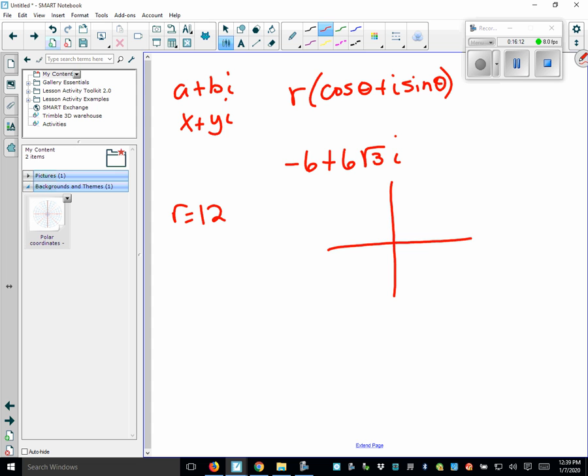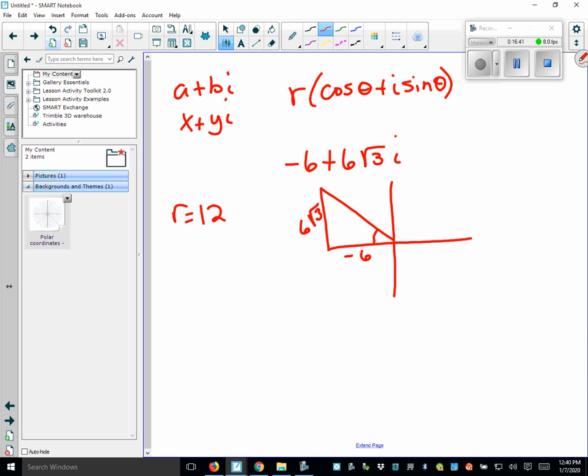So when we're in quadrant 2, this is -6, and this is 6 radical 3. That's 12, I'm just dividing all by 6. So what is this angle? The reference angle is pi over 3.